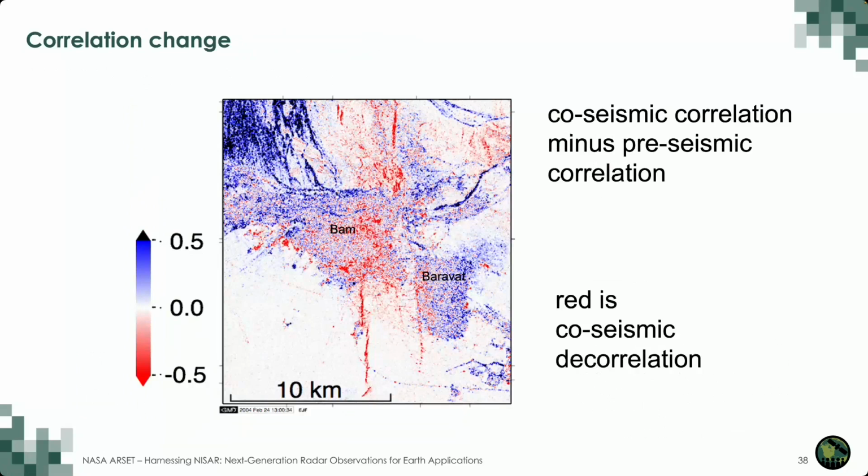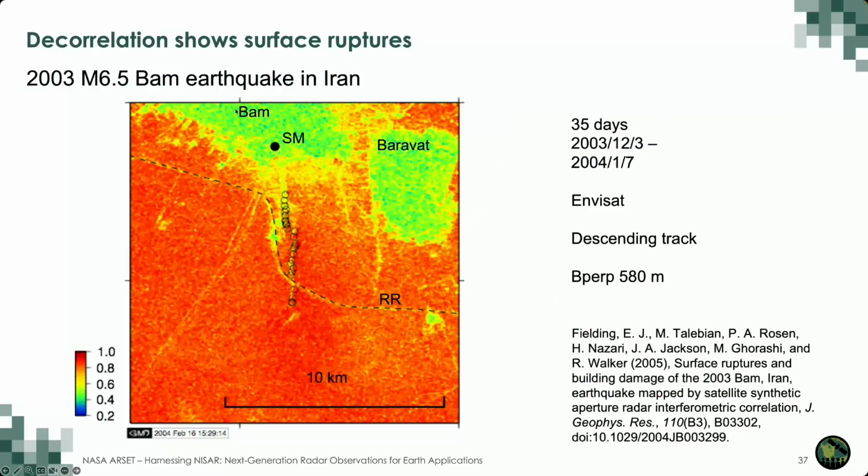And then we took this a step further and looked at the change in coherence. If I go back, the city of Bam is the main population center and largely houses with some vegetation between some of the houses.